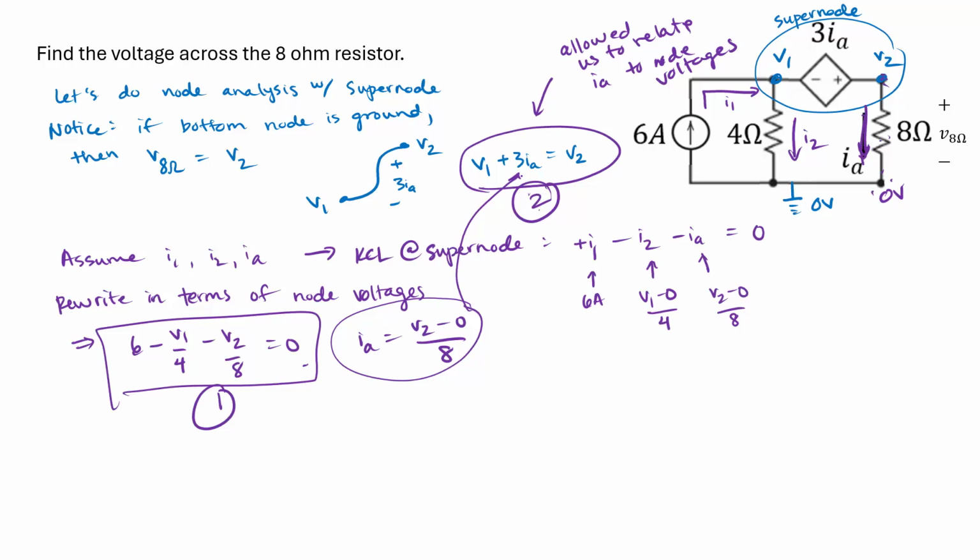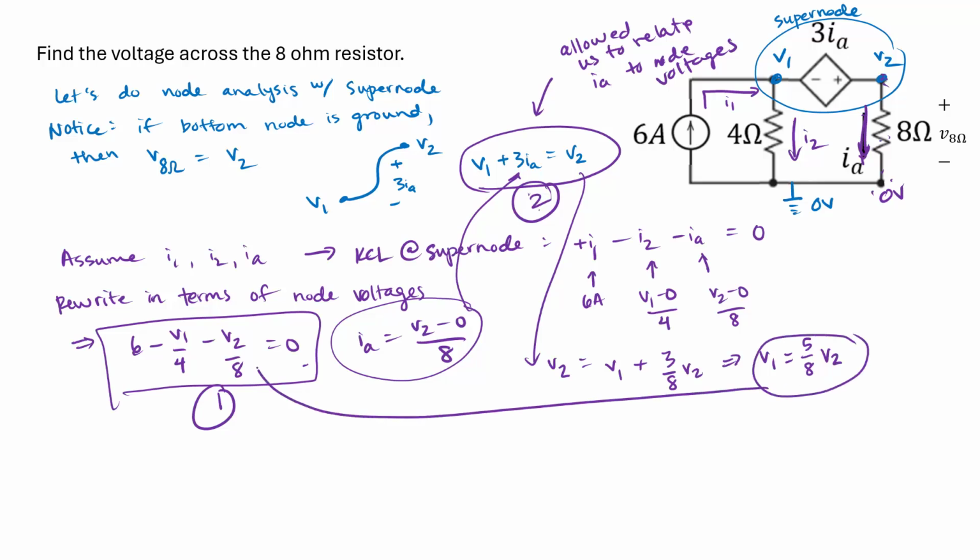And so in this case, we'll determine that V2 is equal to V1 plus 3/8 V2, just by substituting into there. And therefore, we'll see that V1 must be equal to 5/8 times V2. We can take this and substitute back into our equation 1.